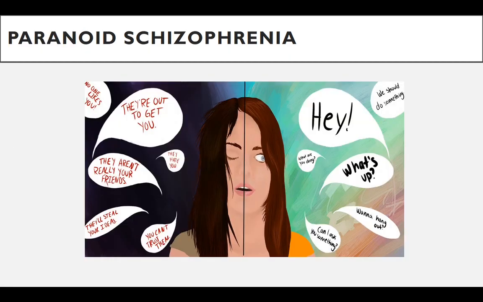Now let's see paranoid schizophrenia. From the name itself, paranoid means suspicion. Paranoid means you always think someone is out there to harm you. Even if people perceive suspiciously, they perceive that something is not right.